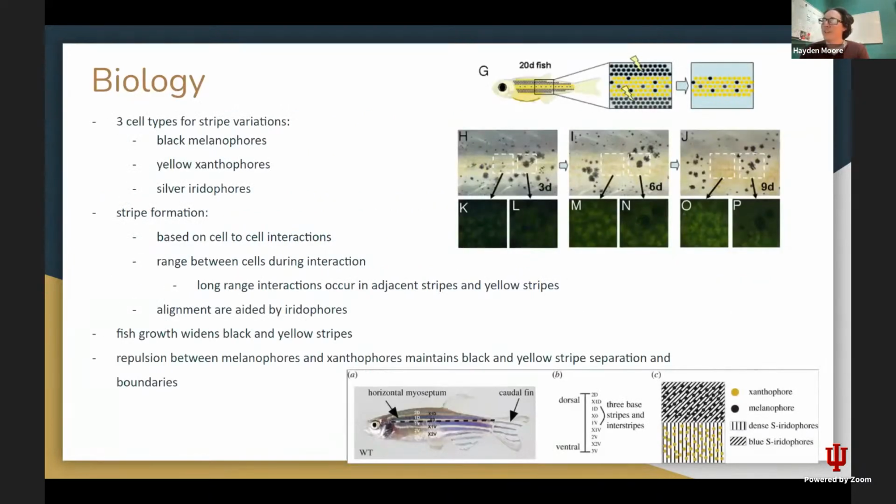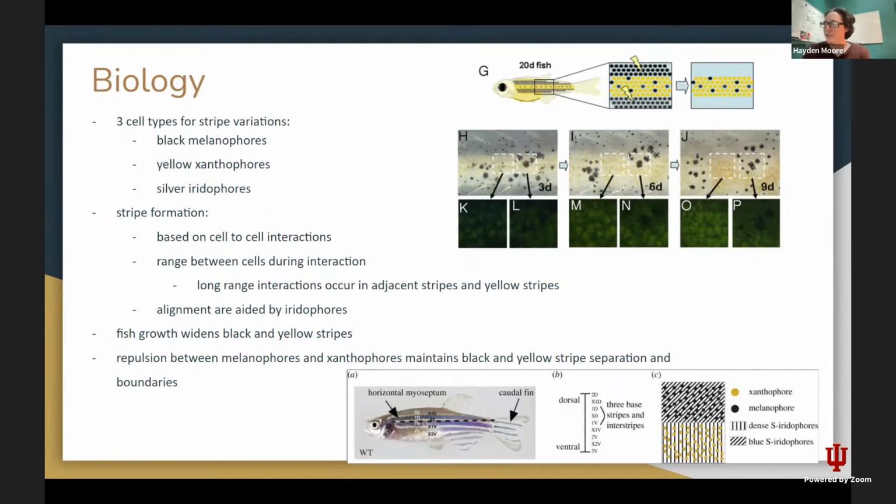So you may remember from last time, there are three different types of cells that govern stripe colors in zebrafish. Those are melanophores, which correspond to black color, xanthophores, which correspond to yellow, and silver iridophores, which help guide the formation of the stripes. But they're also based on cell-to-cell interactions and the range between cells.